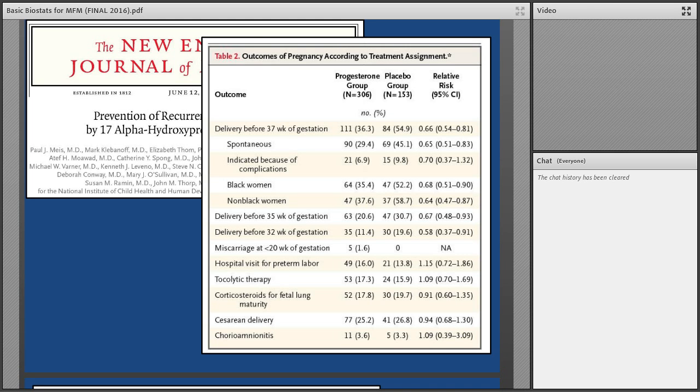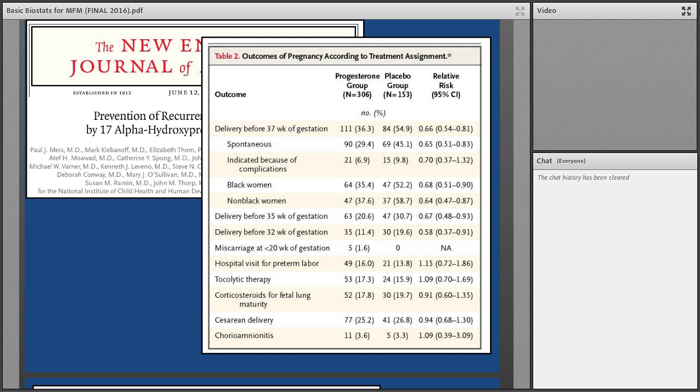What they noticed in this trial was that there was a very large proportion of Black women enrolled in the study. A really important thing they wanted to see was whether there was a big influence of race, because there was such a high proportion of Black women in the study.